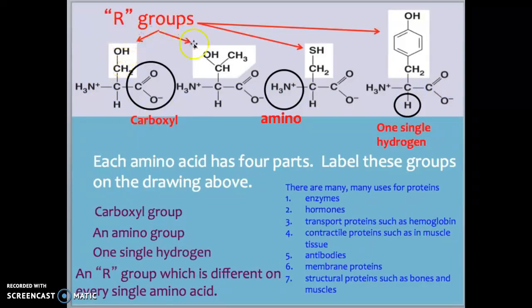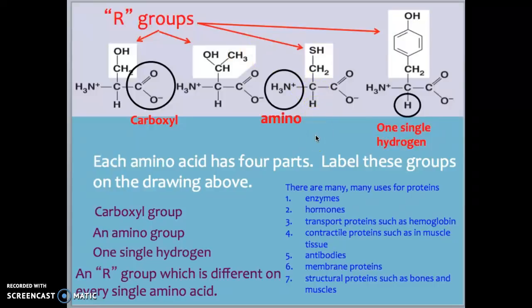The only difference, and this is what designates one amino acid from a different amino acid, are the R groups, or sometimes referred to as a functional group. And so they'll have a little different grouping or smaller unit as that fourth bond on the carbon, and that will indicate what amino acid you are looking at.